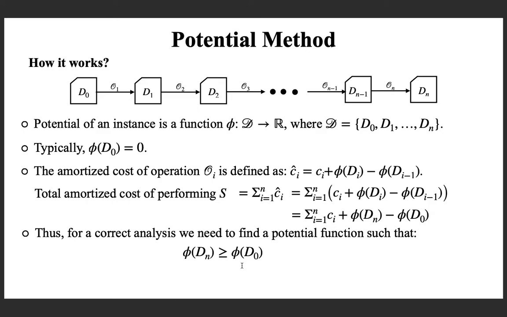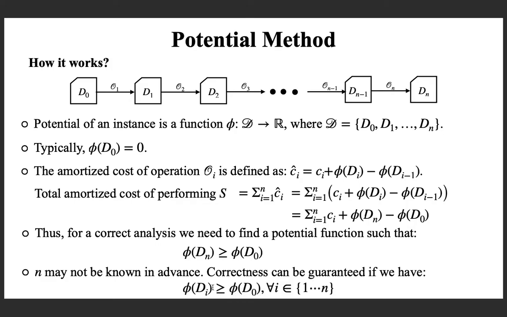But we do not know the value of the length of the sequence in advance. You can stop after any operation. So, basically you can have this as the condition, because you are allowed to stop after any operation. At every time the result can be the last instance in the sequence, if you stop after the second operation, similarly after the ith operation. So, you can easily observe that this can guarantee the correctness.